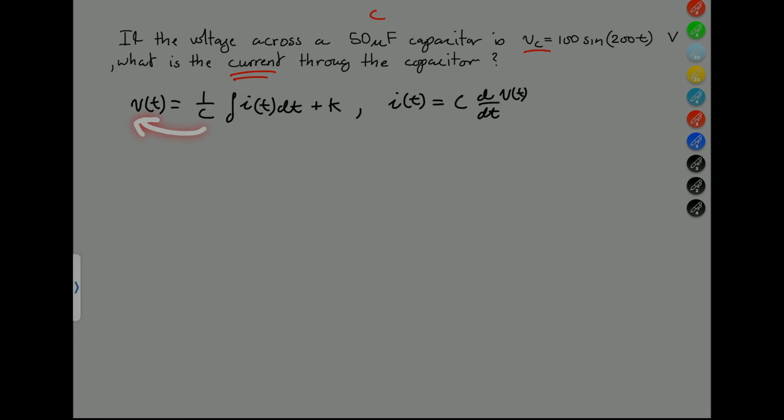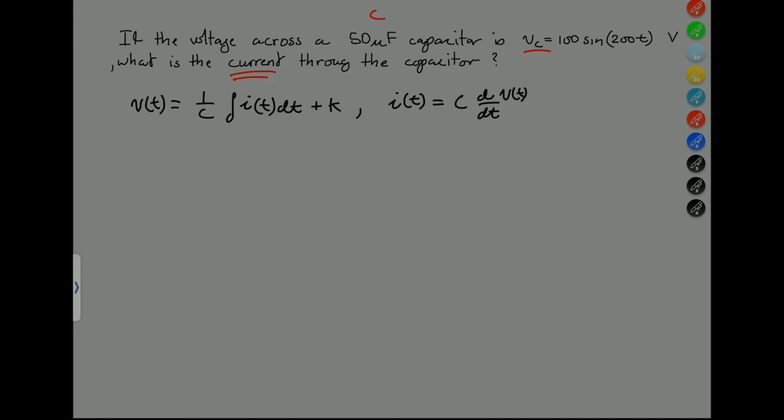So we get C times V of t. We differentiate the right-hand side, this goes to 0, so we're left with I of t over this side, and C times V of t over here. And because we differentiate that, we keep the differentiation with respect to t.